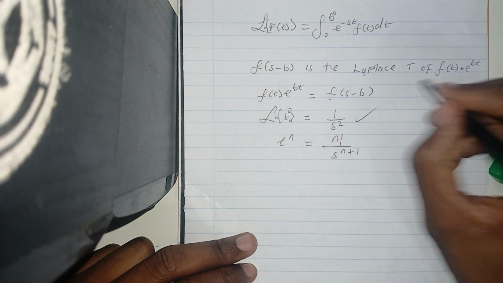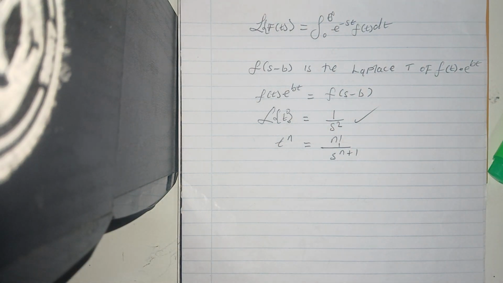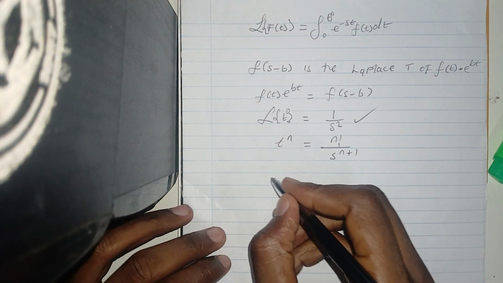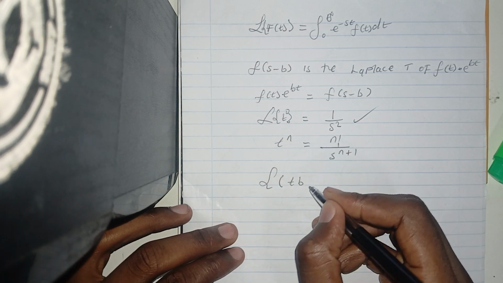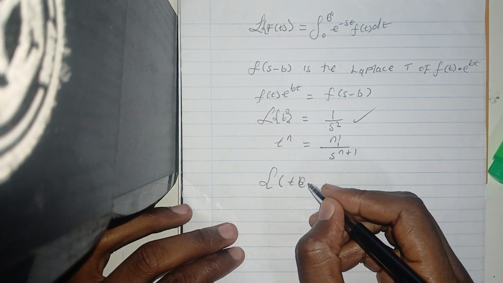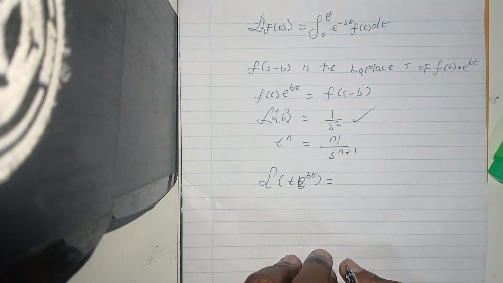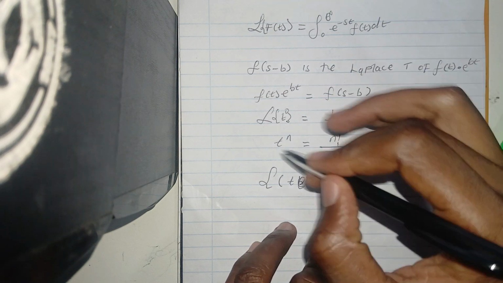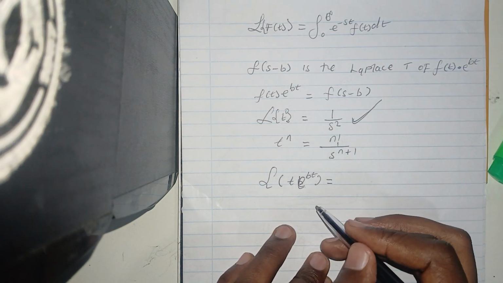So that is the basic Laplace. Now we are going to transform it, we're going to actually shift it. Say you're given t multiplied by e to the power bt. The one without the exponential is just like this, but if it's multiplied by e to the power bt, it's going to move.